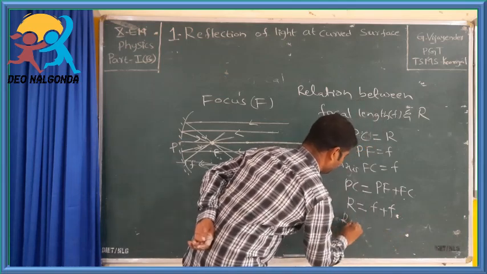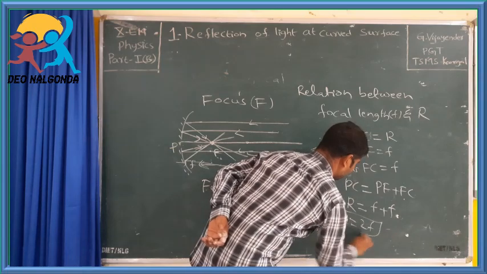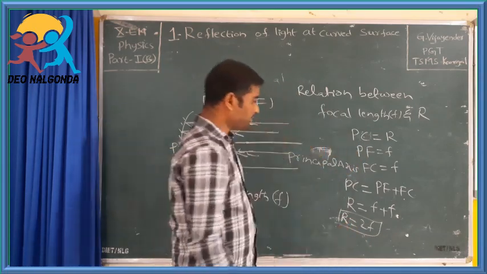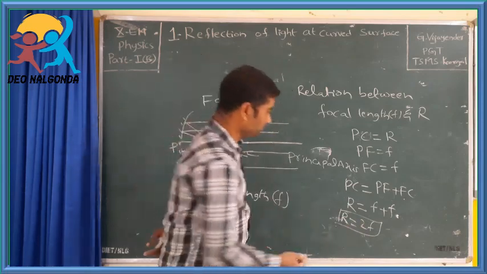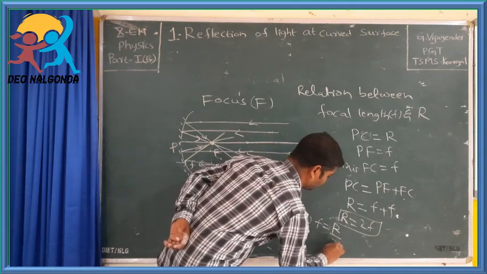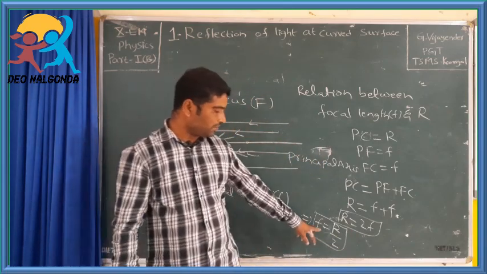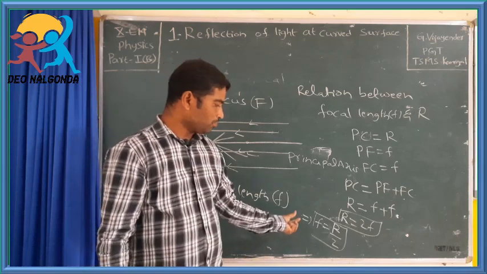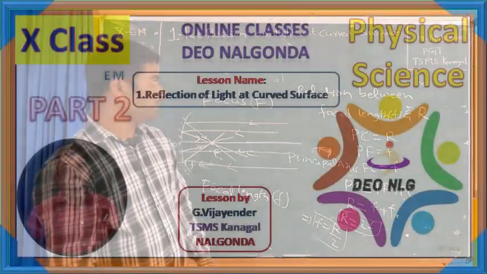So, R is equal to 2f. Radius of curvature R is equal to 2f, that means double its focal length. From this we get focal length f is equal to R by 2. That means the focal length of the spherical mirror is half of its radius. This is the relation between the focal length small f and radius of curvature capital R. Okay, thank you. Next.